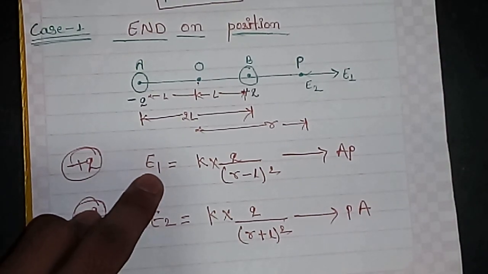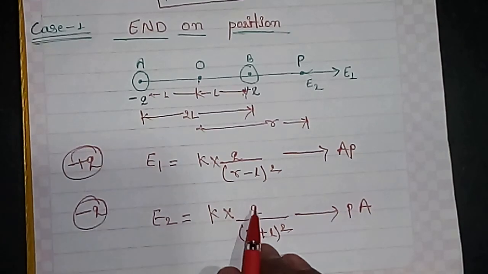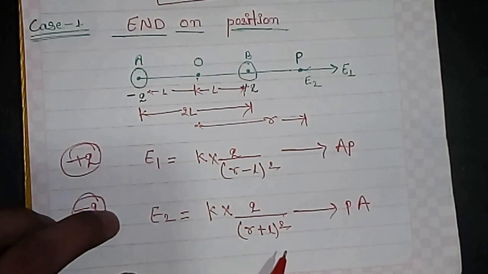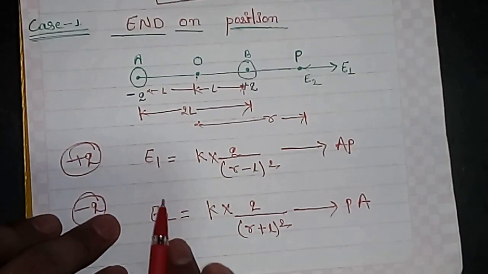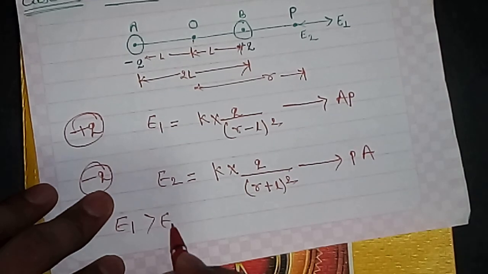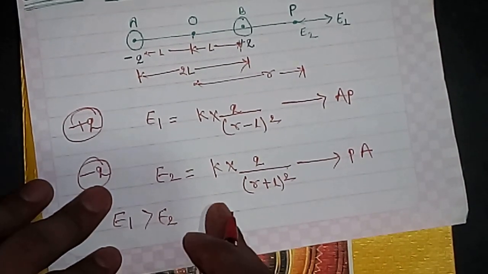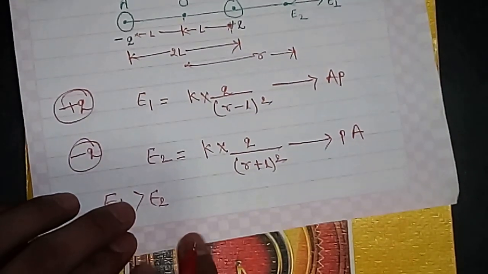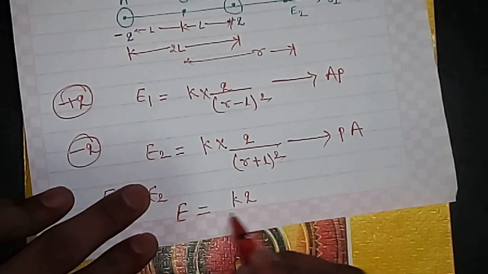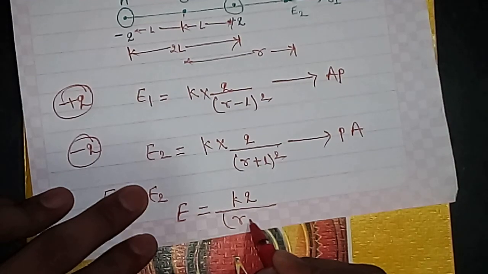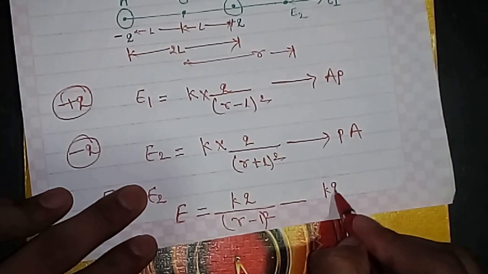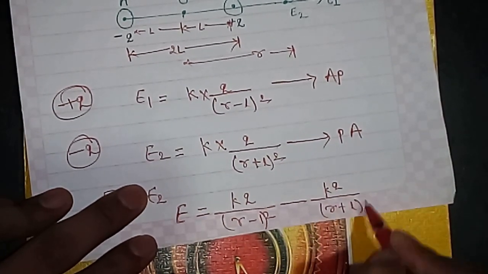Now we have to calculate the resultant field E at point P. The resultant is in the direction of E1, since E1 is greater than E2, as r minus L is less than r plus L. So E is equal to kq upon (r minus L) square minus kq upon (r plus L) square.